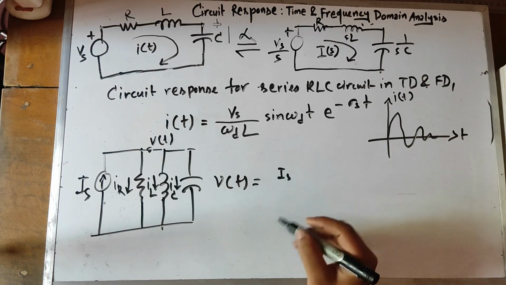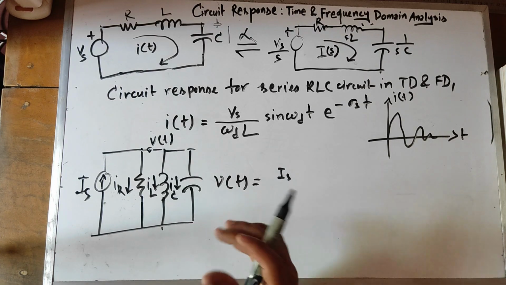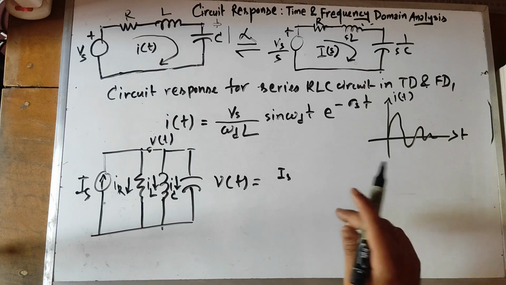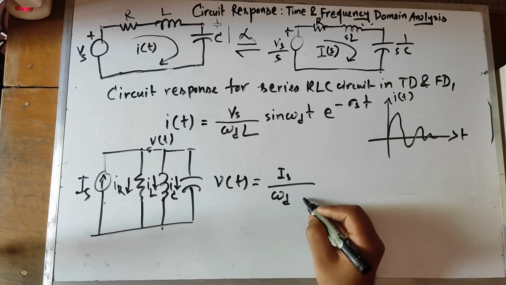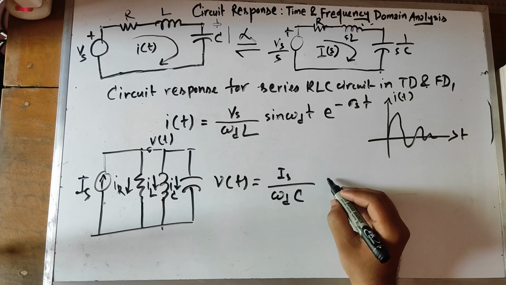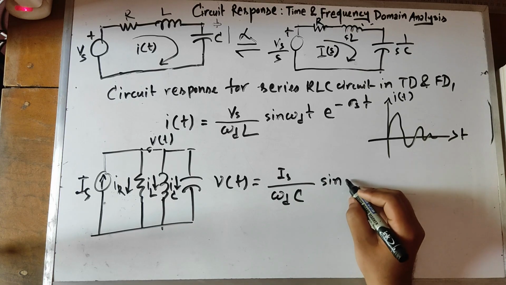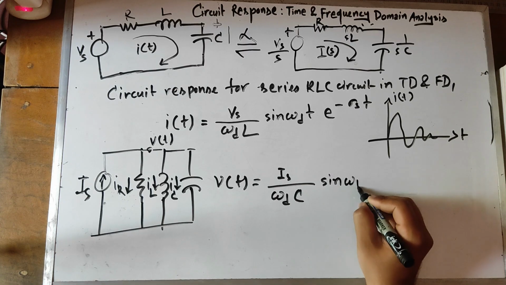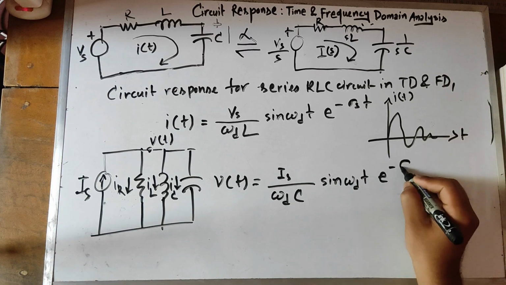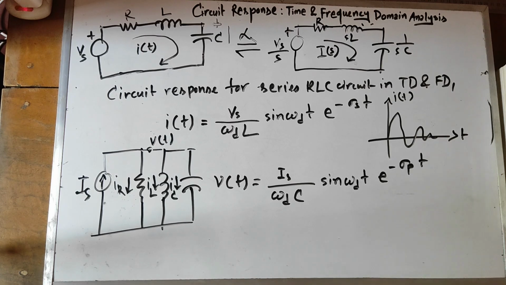If I assume initial current and voltage are 0 through and across the inductor and capacitor respectively, it will eventually give me Is by omega dc, sin omega d t, e to the power minus sigma pt. It should be sine or cos, I have forgotten.